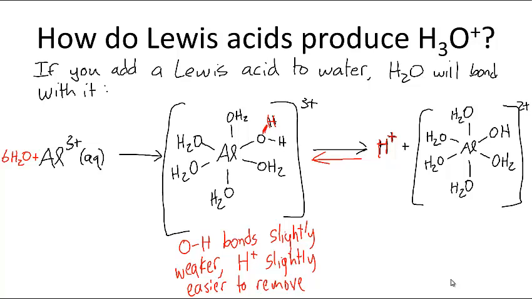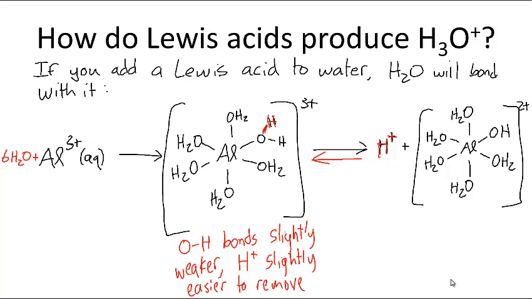Aluminum 3+ has this positive charge, and the lone pairs on water's oxygen really are attracted to the positive charge in aluminum. And so each water molecule shares a lone pair with aluminum. What that does is weaken the OH bonds just slightly, so that these water molecules bonded to aluminum become slightly more acidic than they were before.